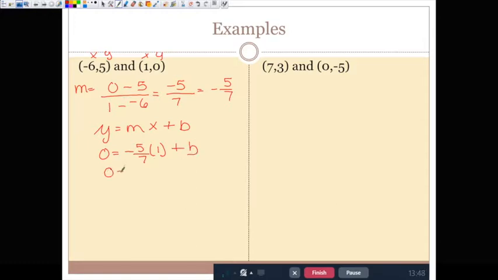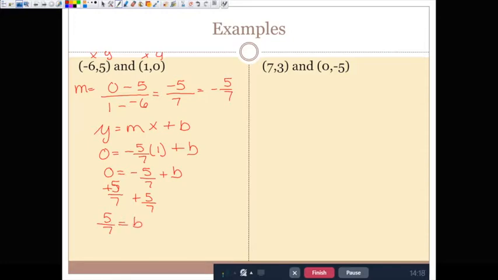So now 0 equals negative 5 sevenths plus b. The reason why I highly suggest using a 0 is because you're not going to have to eliminate fractions then. Because I can just add 5 sevenths to the other side. The 0 plus 5 sevenths is 5 sevenths, right? So b equals 5 sevenths.